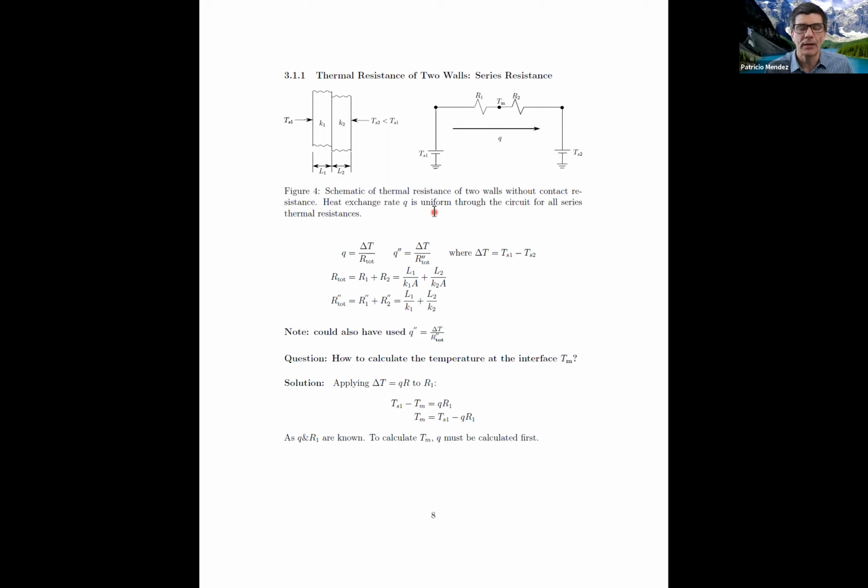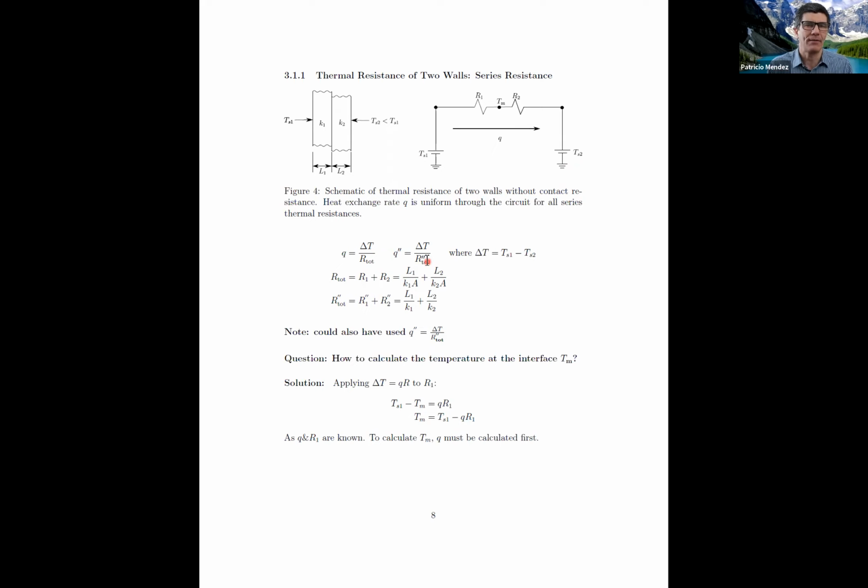And how would we calculate the heat flux? Well, the heat rate is delta T, Ts1 minus Ts2, divided by the total resistance. Or we can do it in heat fluxes. Q double prime is delta T over R double prime. Exactly the same thing. The only difference now is we have a reference area.